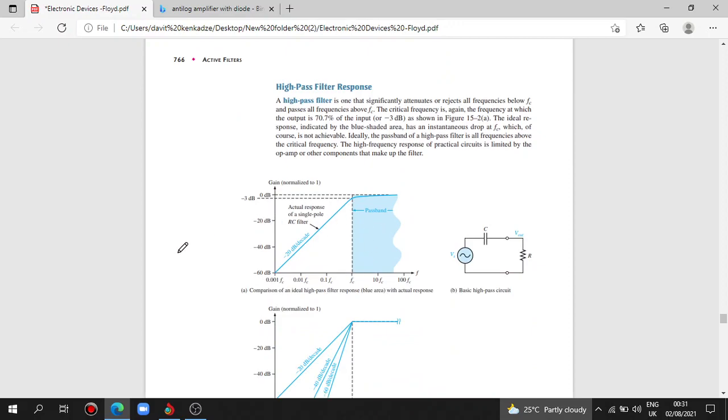High pass is different. It starts like this because it won't let low frequencies pass.